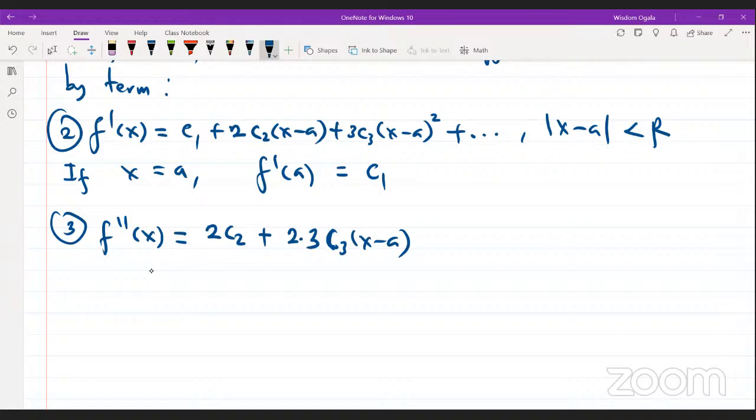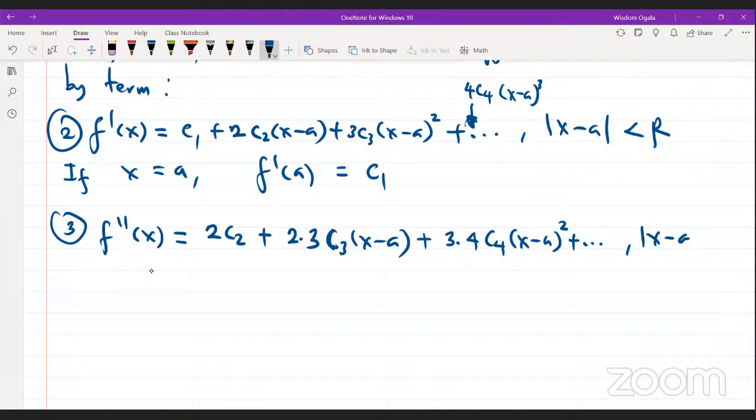Keep in mind there's another term, 4c4 (x minus a) cubed. If you differentiate that, you would have 3 times 4 c4 (x minus a) squared. This can continue on and on.